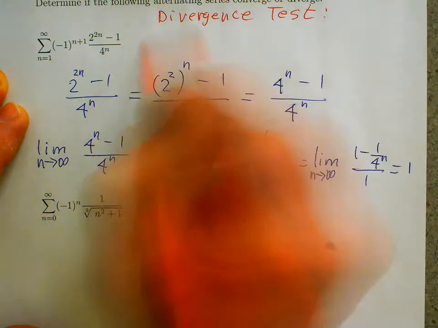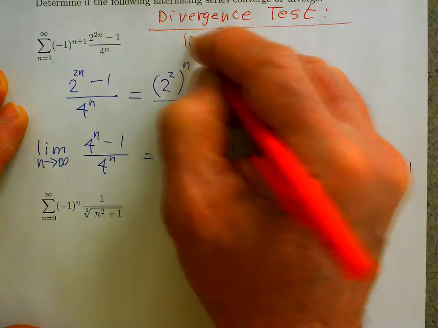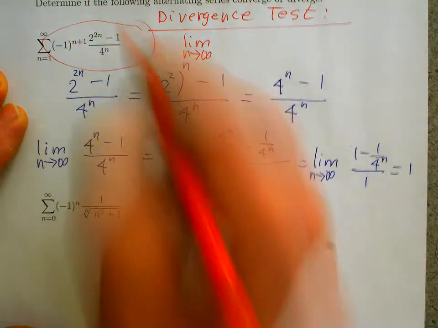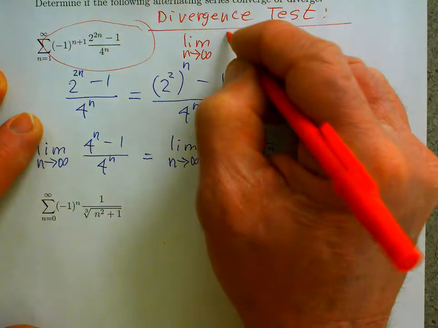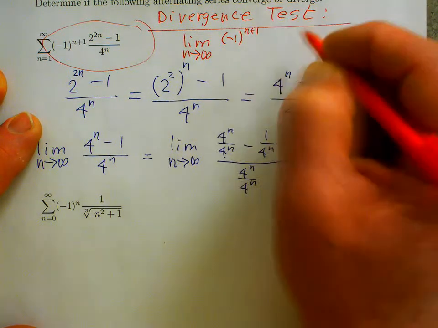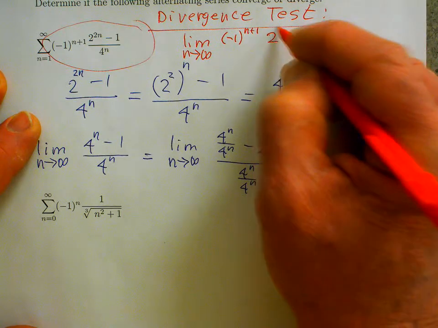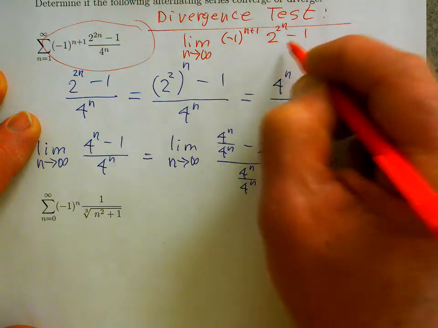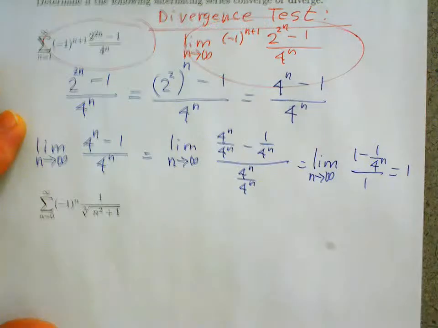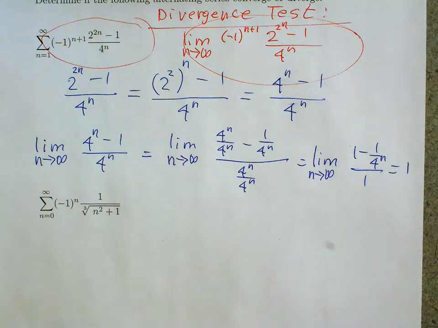If we use the divergence test, we have to take the limit of the terms from that sequence, which includes the -1 to the n plus 1. We'll finish this one on Friday, but maybe you can work on that limit and use the divergence test on that one.